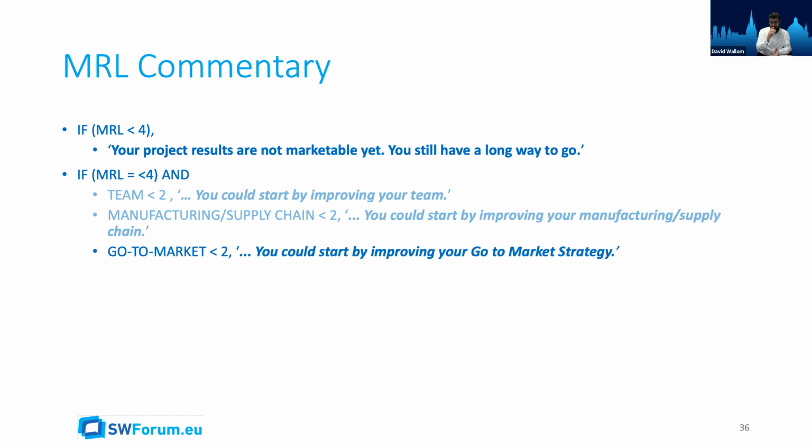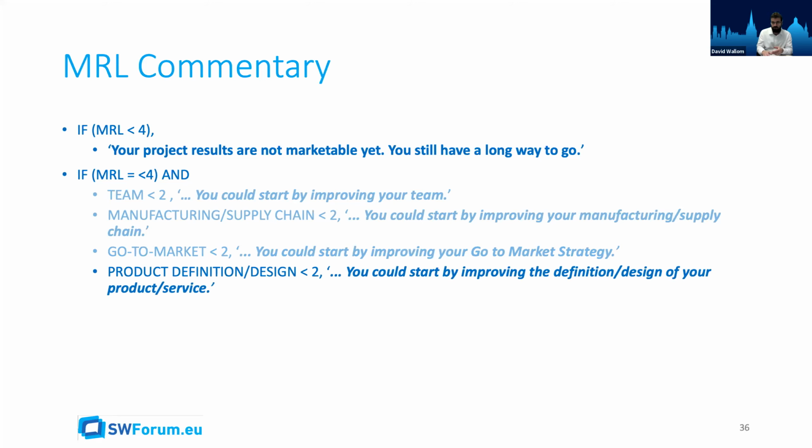Go-to-market, well, improve your go-to-market strategy, and this is all about understanding your customer base, your customer requirements, and the business model you're going to employ in terms of how it's going to be sold or made available. Are you going to make something open source if you're a software project, but sell services on top of it? Or are you going to sell shrink wrap software? So what's the go-to-market strategy you're going to employ for this particular product or service?